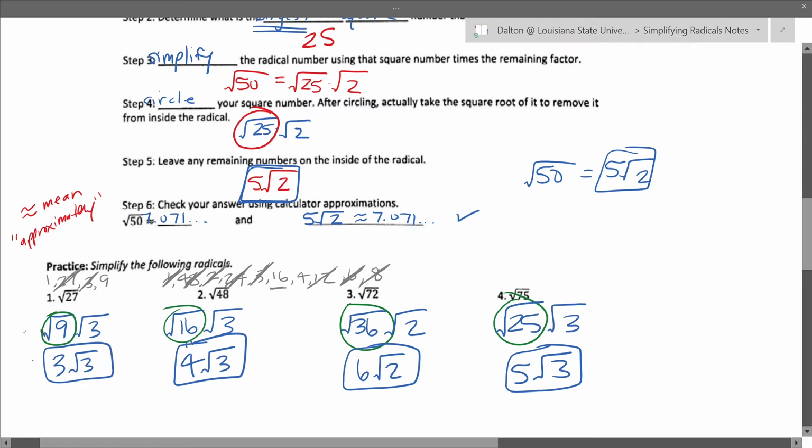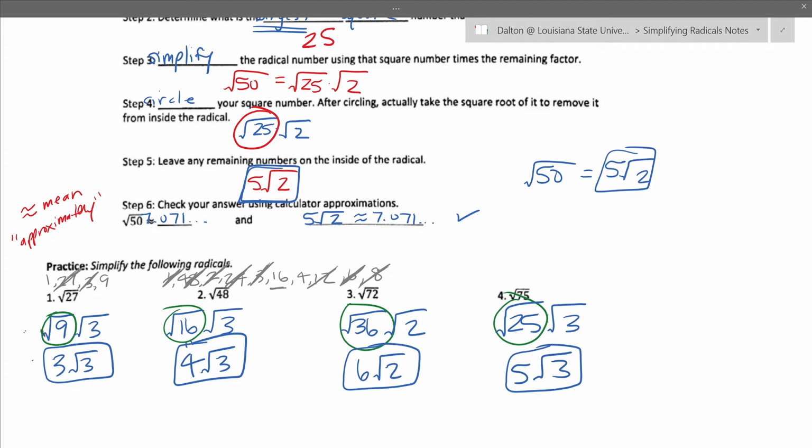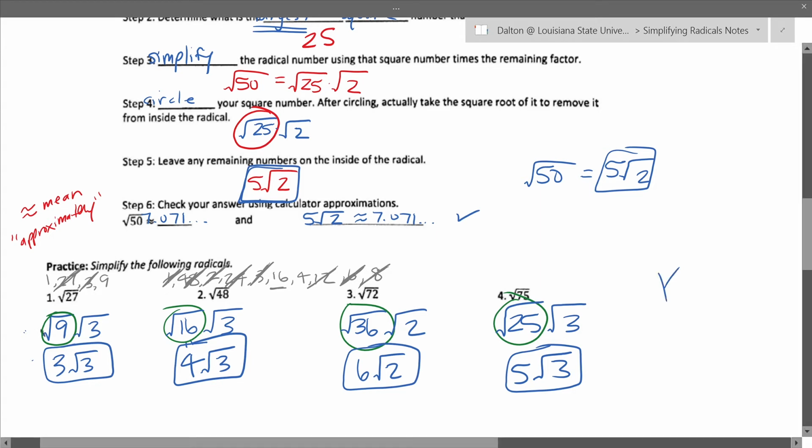So hopefully that helps you understand how to simplify radicals. It's a skill that we're definitely going to need moving forward when we use the Pythagorean theorem. If you're still struggling a little bit, this video is on YouTube, so you can go watch it again, or you could find another video. I highly recommend Khan Academy videos because those are amazing.